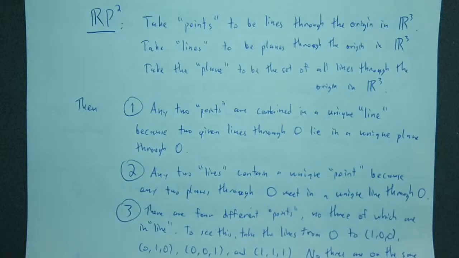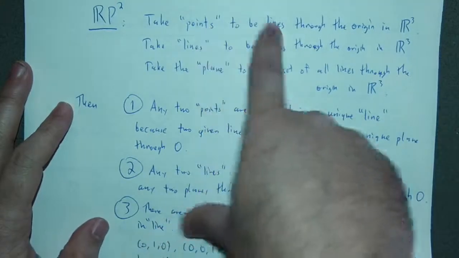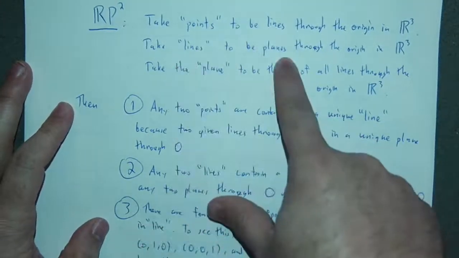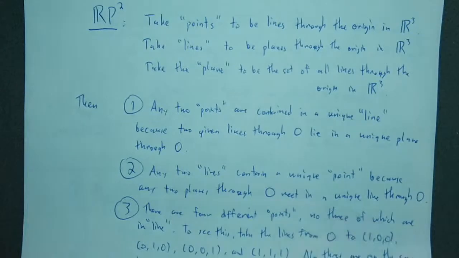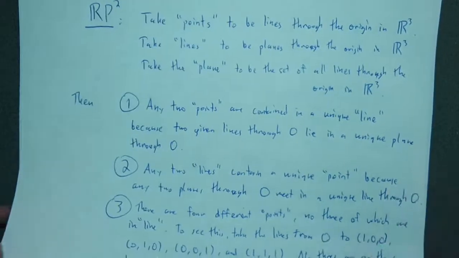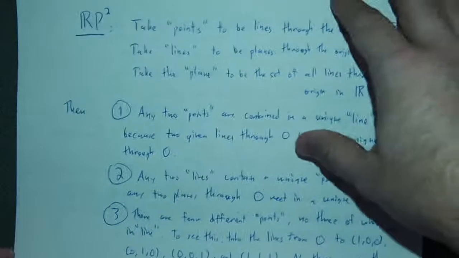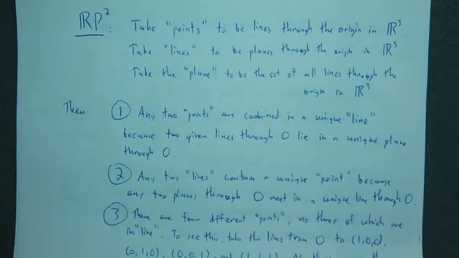And so this seems weird intuitively when you think about it, because our points are actually lines and our lines are actually planes. But our reason for this is, and I showed this image last time, what is the relationship between this and perspective?